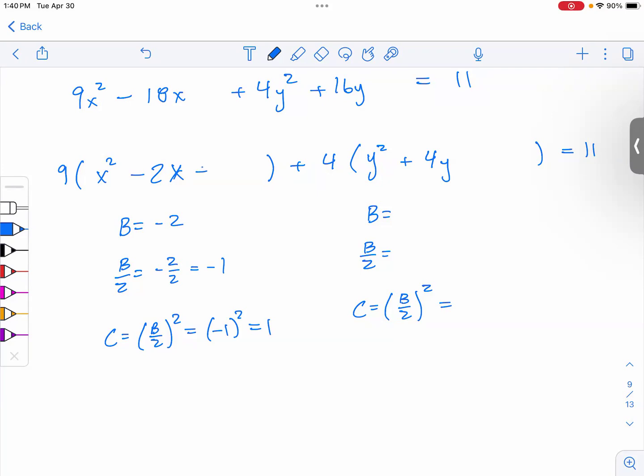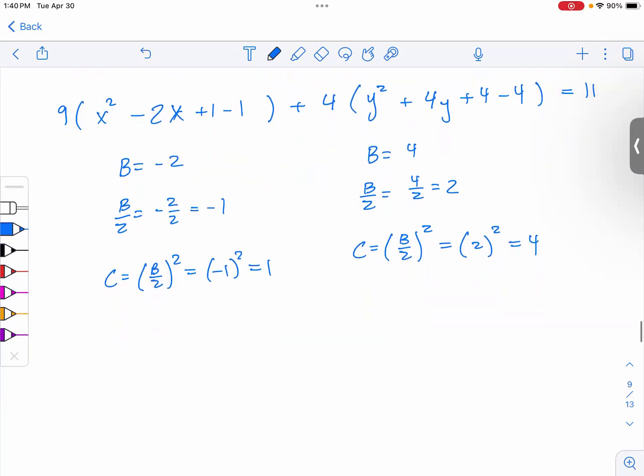And this is the whole part: add and subtract that number. All I'm doing on those pieces is adding zeros.